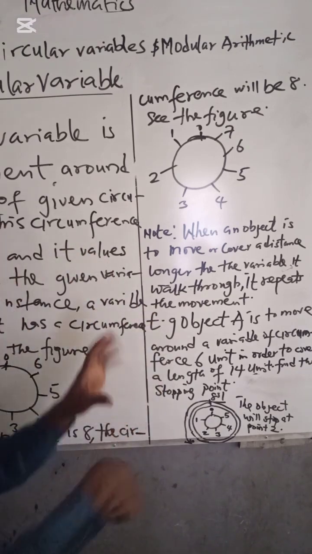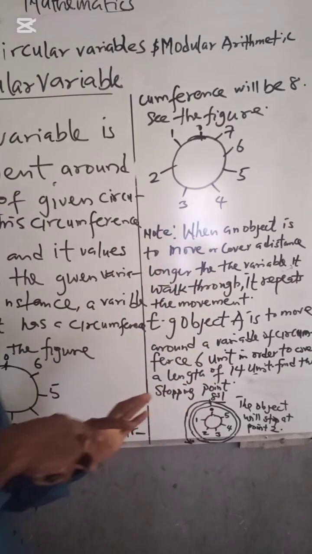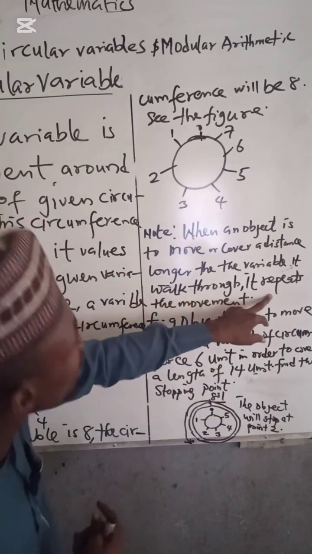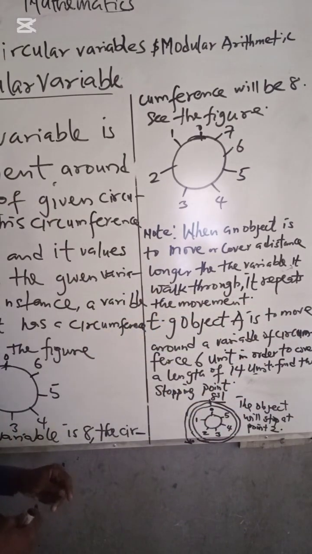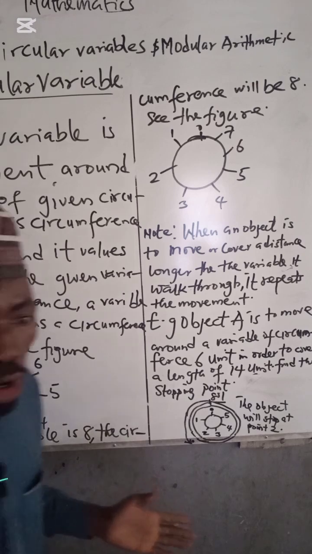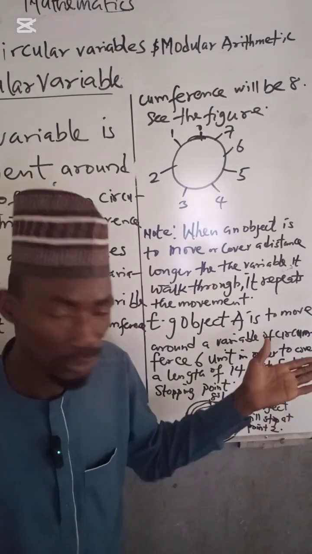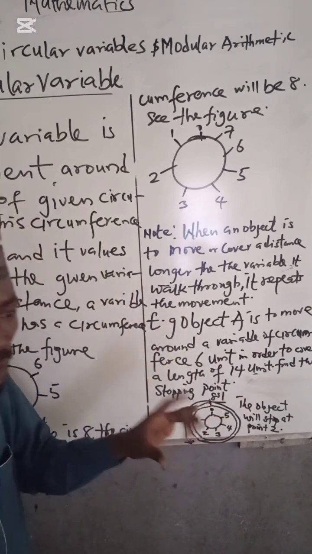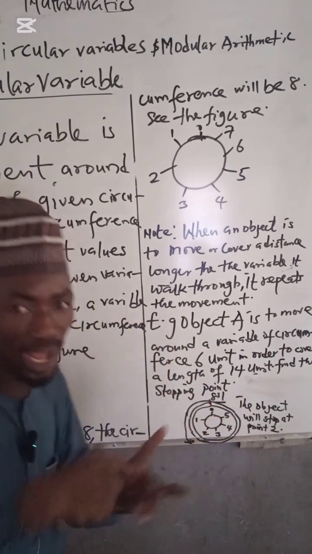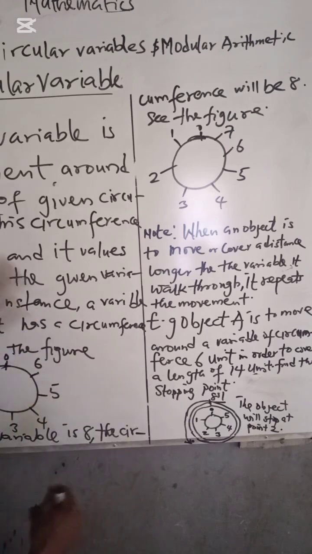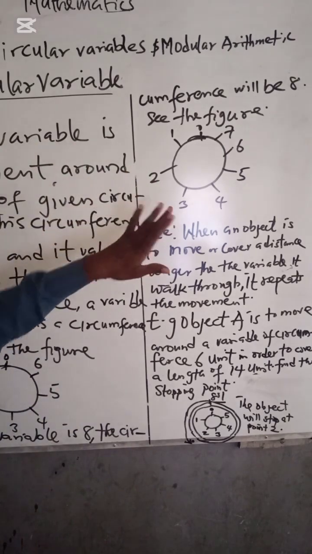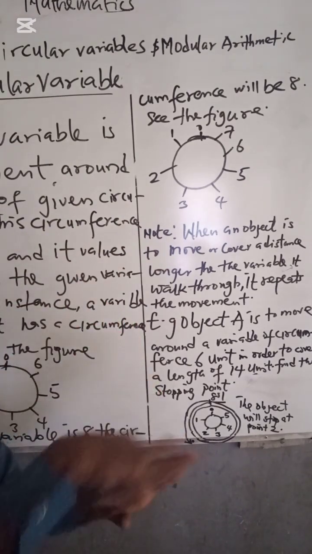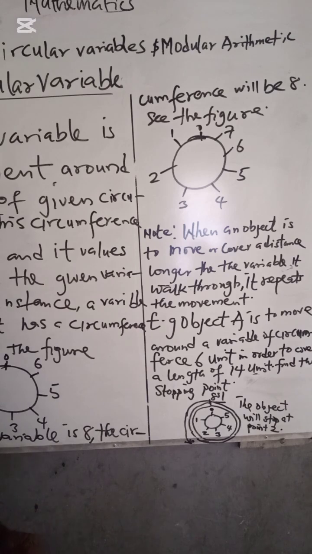Now, look at the menstrual cycle of women, a length of 28 days. After 28 days, the counting starts all over again. So that's why we call it circular variable. It continues to move in that circle till it exhausts the entire of its length.